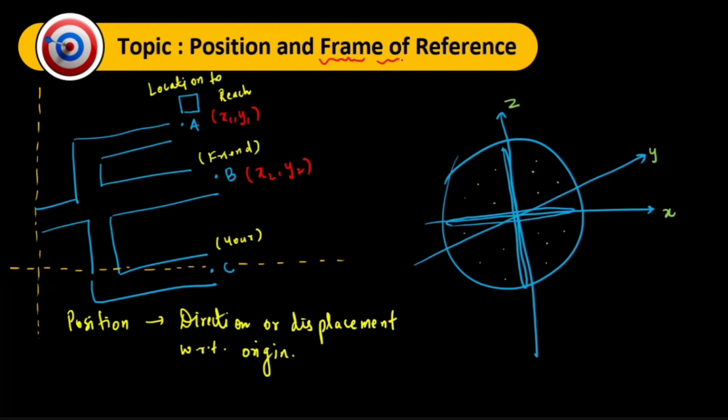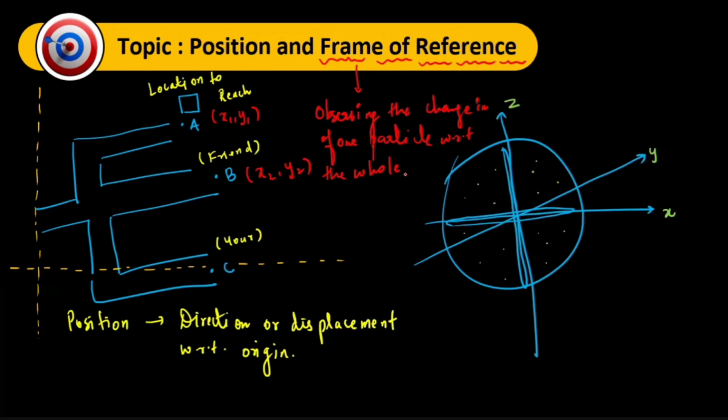So, what does it mean? That is also going to come in later sections. Frame of reference is something you can say whenever you are observing the change in position of one particle with respect to a different frame.